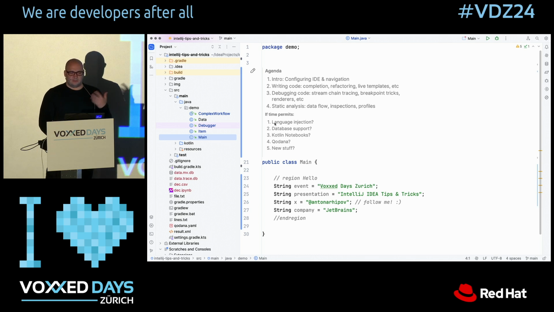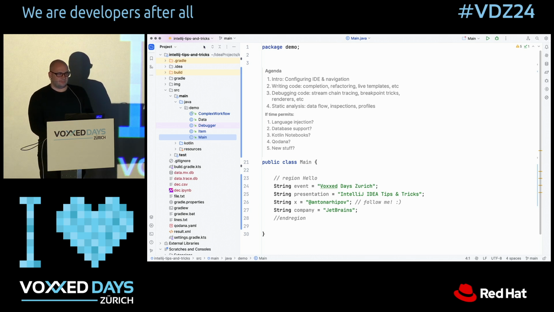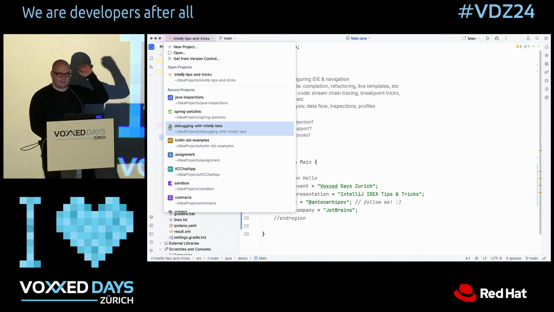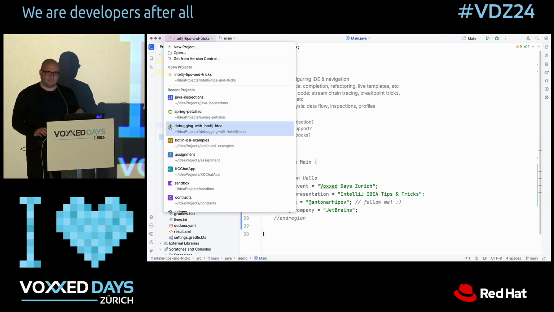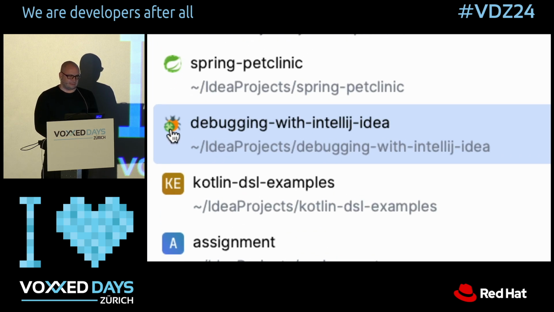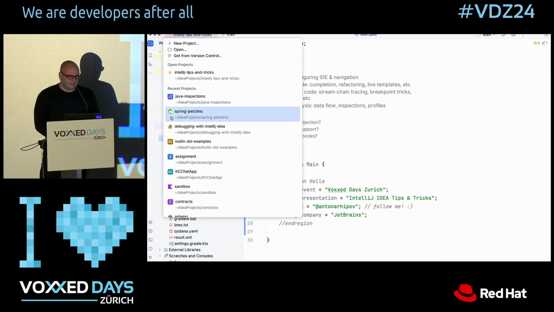There are some other little tricks that I do for the projects that I open too often. I have customized icons, so I can locate those in the lists immediately without reading the title. Like debugging with IntelliJ, for instance. You see there's a little bug there, or a Spring icon, of course.